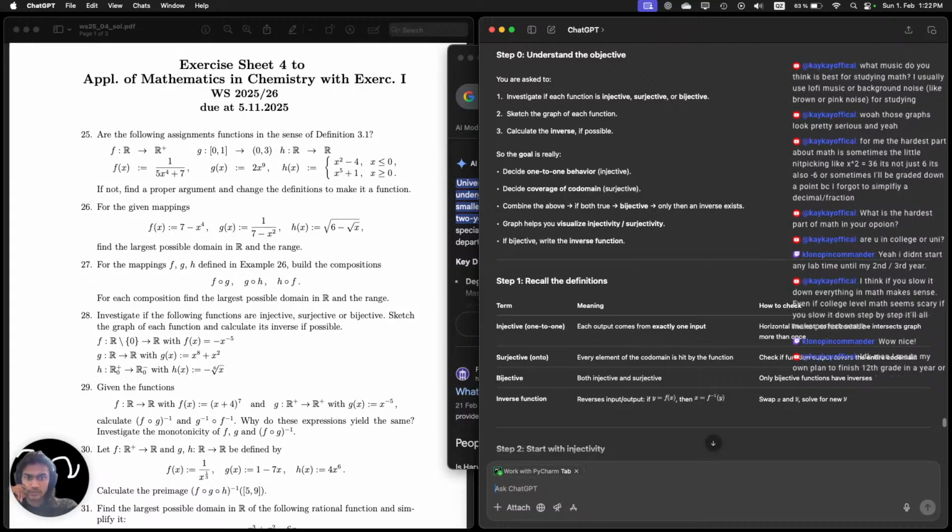What music do you think is best for studying math? I usually use lo-fi music or background noise like brown or pink noise for studying. Okay, that's an interesting question. I tried using background noise and sometimes it works, but I usually just listen to songs, for example rap music, or Down Under, or 6 Days by DJ Shadow.